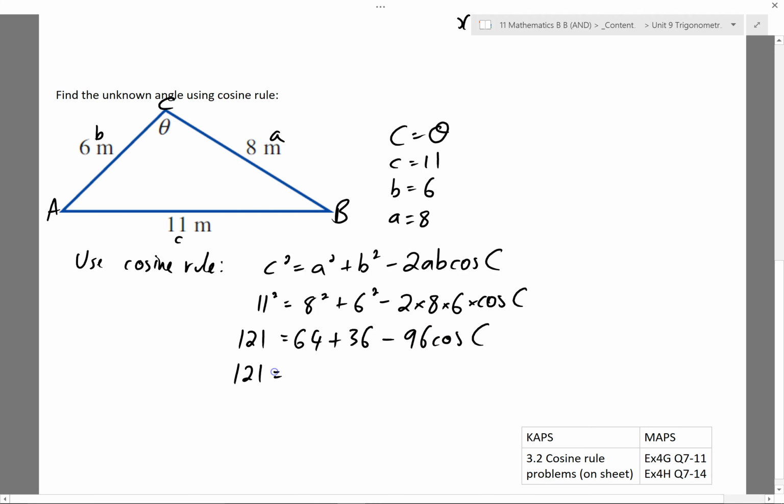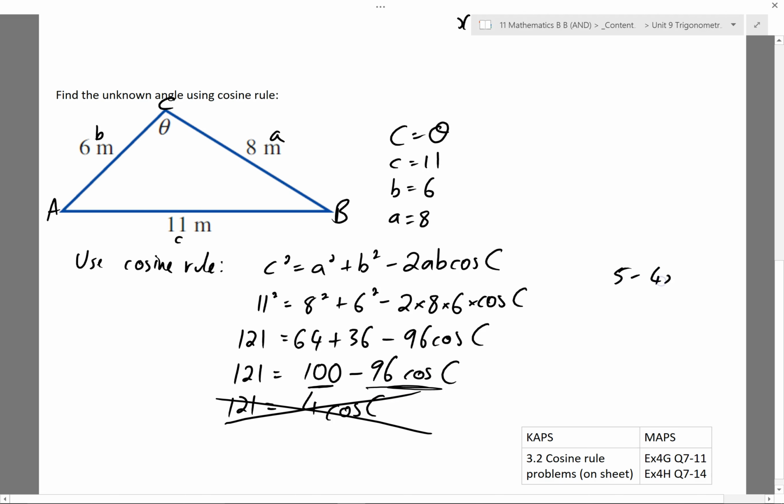Okay, and they'll add this together, have 100 minus 96 cos C. The temptation is for a lot of students to write this as 4 cos C. Okay, but we can't do this. I don't want to see anyone making that mistake. The reason why we can't do this is because this is the number 100 and this is 96 cos C. That'll be the same as doing 5 minus 4x being just x. Okay, when you know that you can't collect like terms like that. So don't make that mistake.